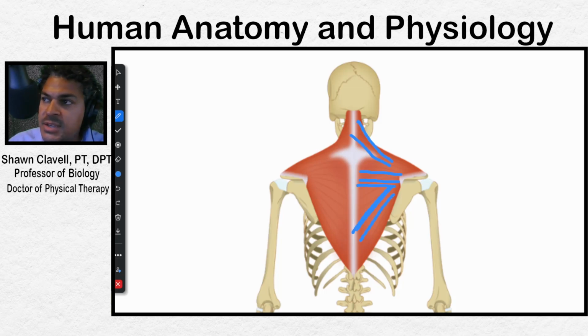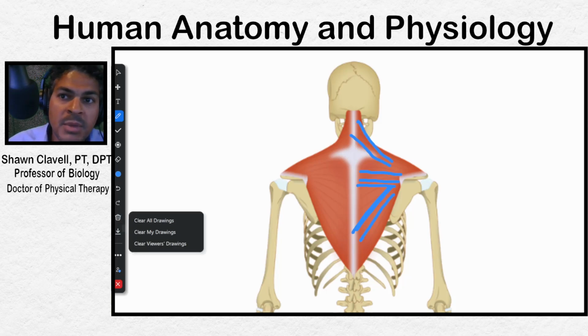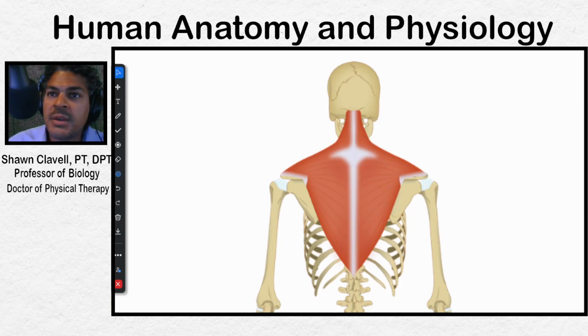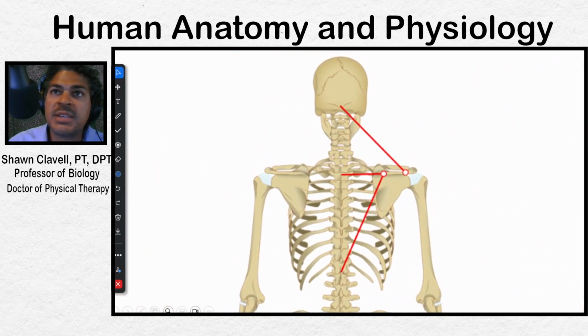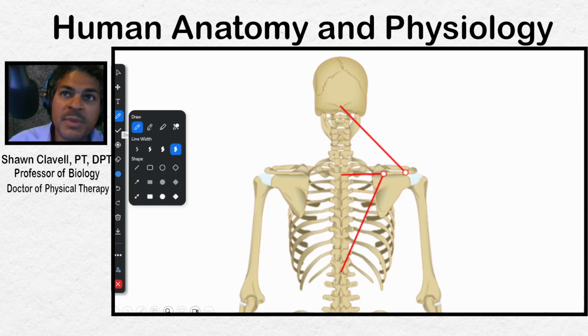So you can see here that the fiber arrangement gives us an idea of the line of pull, right? It pulls where these muscles are going to pull. And in many of your muscle charts, you'll see that there is this action, this line of pull that gives us the idea of where these muscles are going to go.